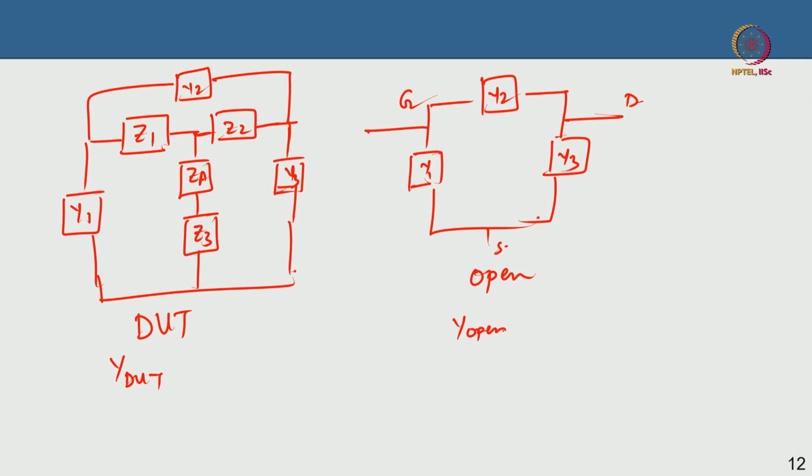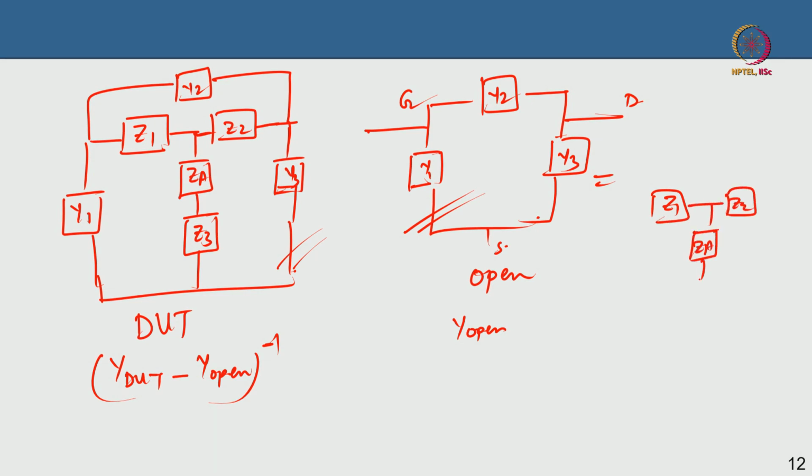If you subtract Y DUT minus Y open and you take the inverse, that means you are converting it back to Z parameter. What you are going to get is basically Z1, Z2, ZA and Z3. This is the resultant you are going to get.